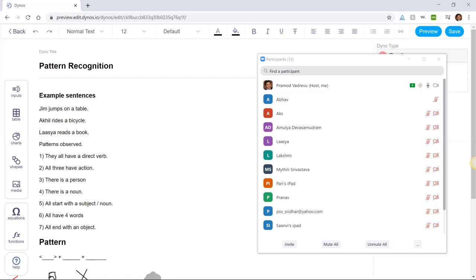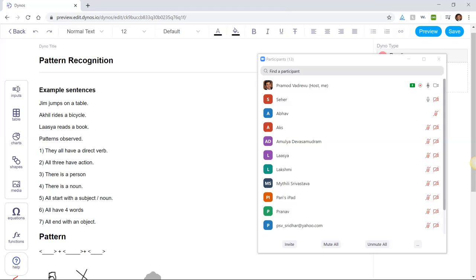Do you all agree this could be a subject here? And this could be a direct verb, and plus, this could be an object. This is called a simple sentence. You have simple sentences and complex sentences, all of that. So this is a pattern for a simple sentence.